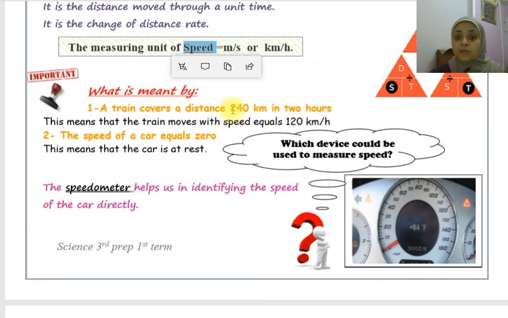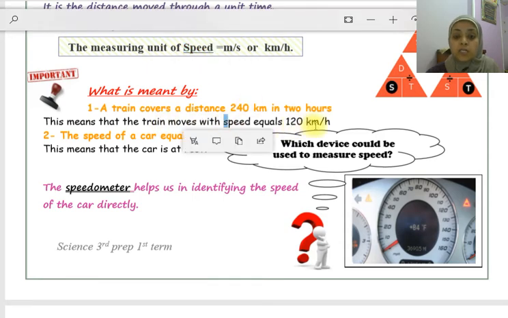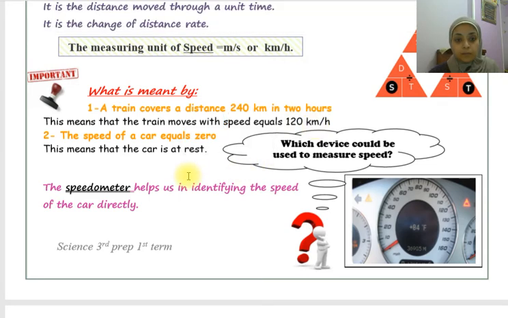So 240 divided by 2 hours is 120 kilometers per hour. So in order to answer what is meant by, this means that when the train covers the distance of 240 kilometers in 2 hours, this train moves with a speed equal to 120 kilometers per hour.